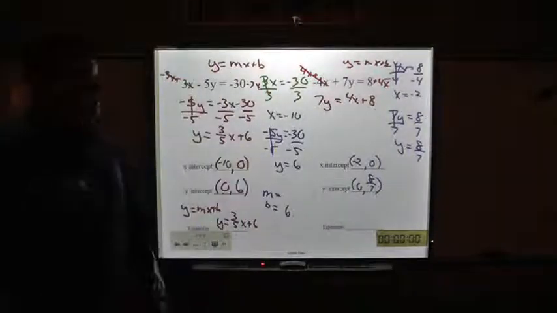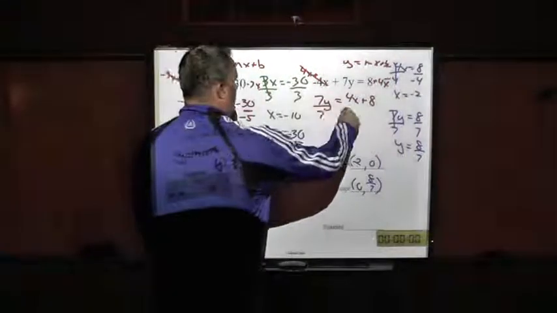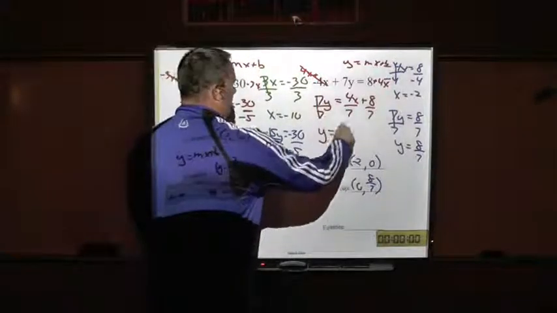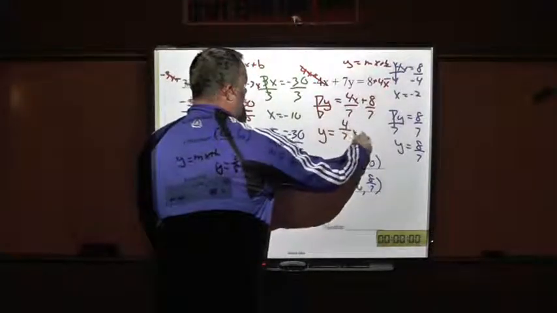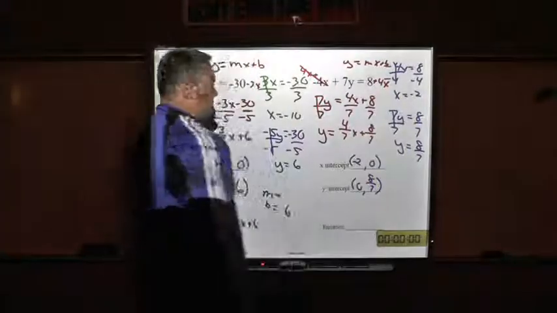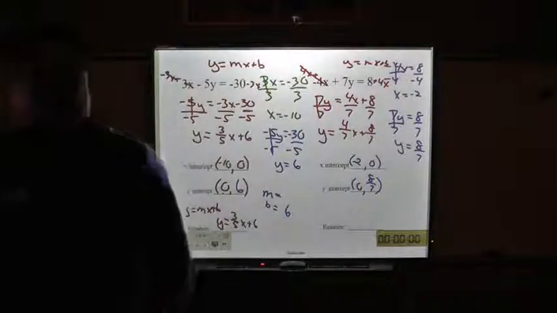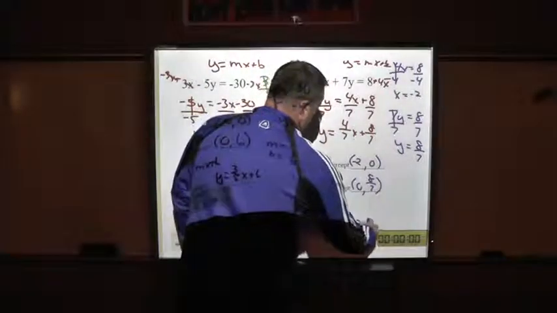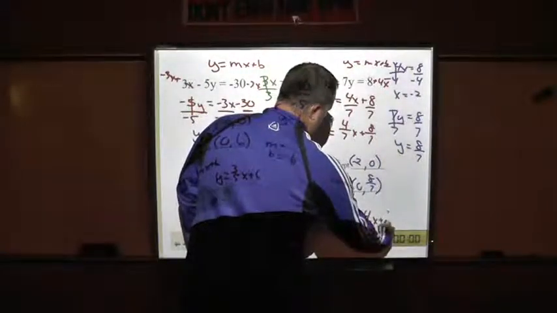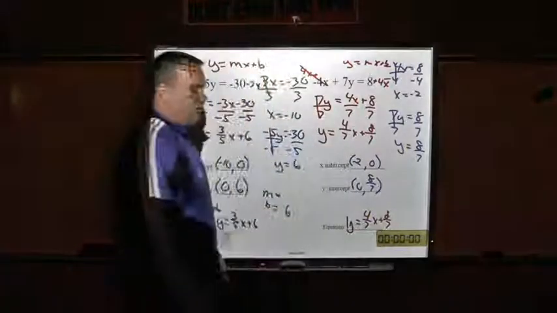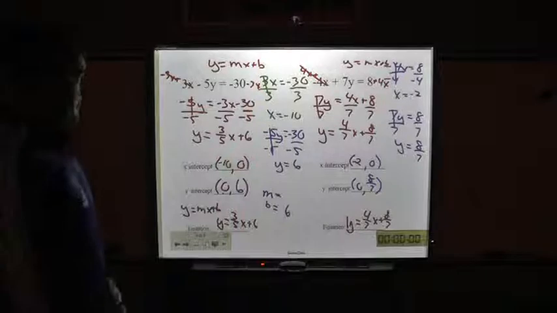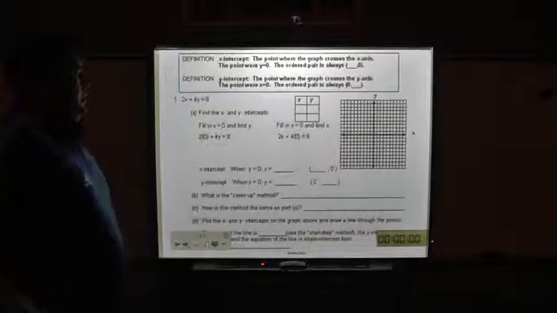After that, let's divide both sides by that coefficient in front of y. 7 divided by 7 is just 1y. Now 4 over 7x, and the 8 over 7. Okay, they can't be reduced, so we have to leave them as is. So y equals 4 over 7x plus 8 over 7. It's like you've learned when we've solved all these equations in slope-intercept form. Alright, so let's move on.